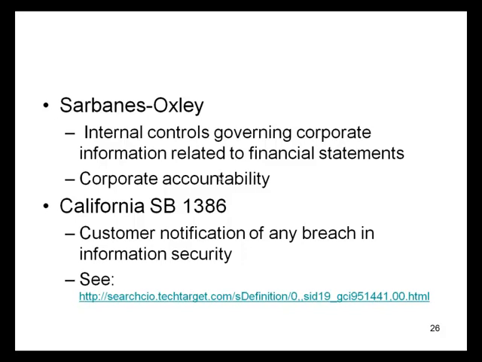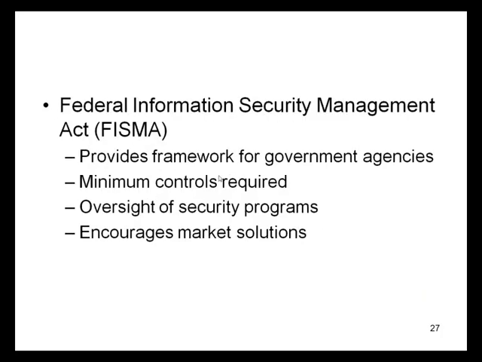There's a thing called FISMA, the Federal Information Security Management Act, and it's been changed every couple of years since the 1990s, I think. Why it's important is that it provides, in the federal system, for all federal agencies, which is a huge variety of organizations, that they have to have a framework for information security, and it requires them to have minimum controls.